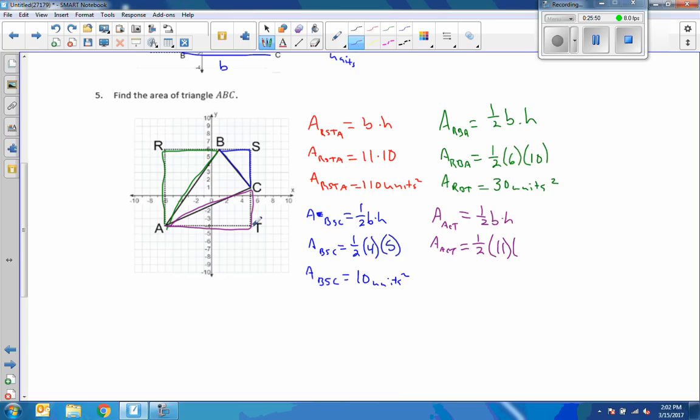It's going from -4 to 1, which is a distance of 5. So the area of ACT equals 1/2 of 55, which is 27.5 units squared.